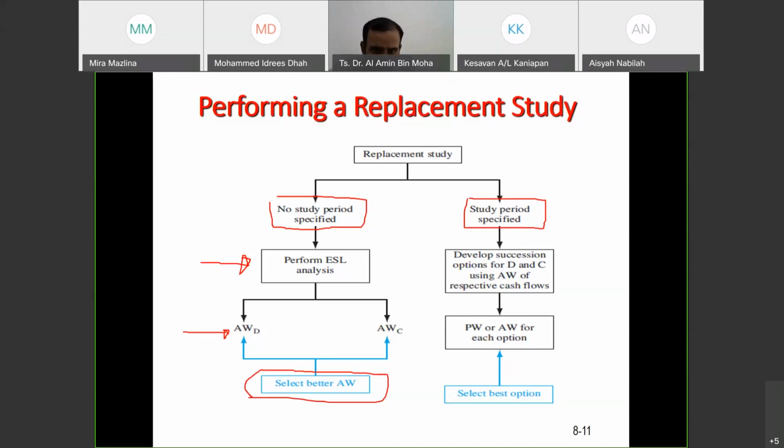But if the study period is specified, we need to develop a succession option for the product, using AW of the respective cash flow, and then we compare. You can use PW or AW. Based on the information given, they give 5 pieces of information, 4 are AW, so you just use AW. If they give you 5 pieces of information and most of them are P, just 1 A, then you just use P, to save your time. No need to shift from one factor to another.